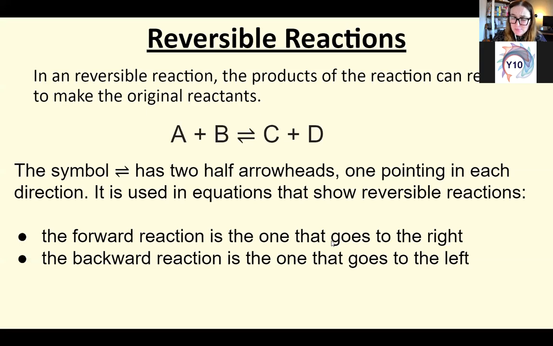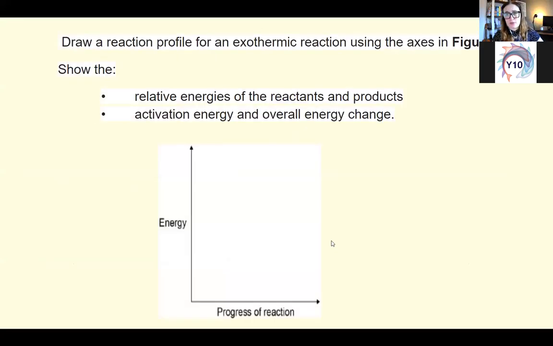Now, what I'm going to do now is go back to the screen sharing, and I'm going to go through with you the next part of what we're going to do. Just very quickly on exo and endothermic reactions, you do have questions that come up that say things like define an exothermic reaction.